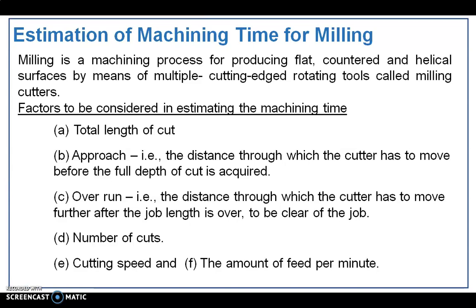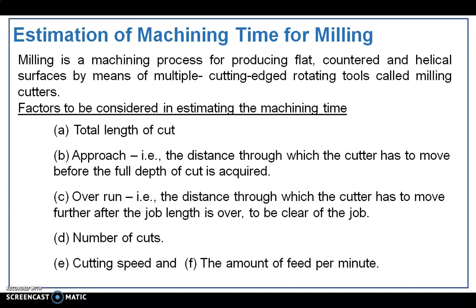What are the factors to be considered in estimating the milling time? Here, total length of cut is an important parameter that needs to be found out before getting to the problem. Then we should know what is approach and overrun or over travel.